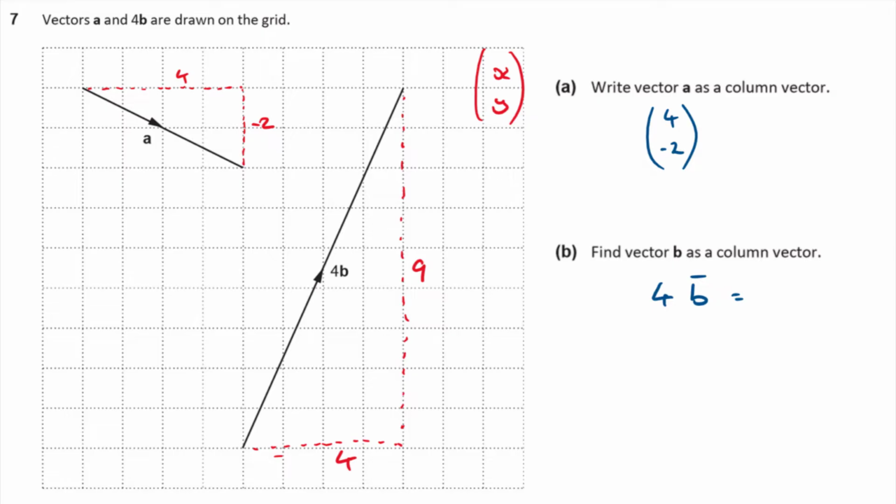They're being a bit cruel to us here. So that's 4, 9. So the vector B by itself is a quarter of that. A quarter of 4 is just 1, so the top number is 1. The bottom number is 9 divided by 4, which I'm just going to write as 9/4. So it's 1 and 9/4.